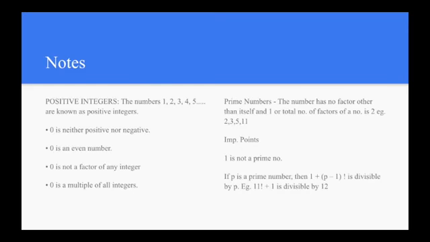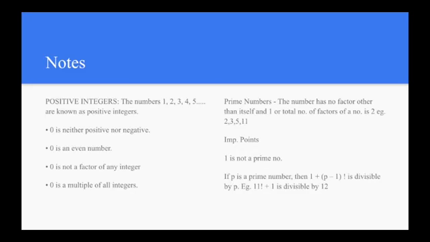For example, 2, 3, 5, 11, 13, 17, 19 are called prime numbers. And if a number has more than two factors, then that number would not be a prime number. That would be called a composite number. So prime numbers are those numbers which have two factors, and composite numbers are those numbers which have more than two factors.